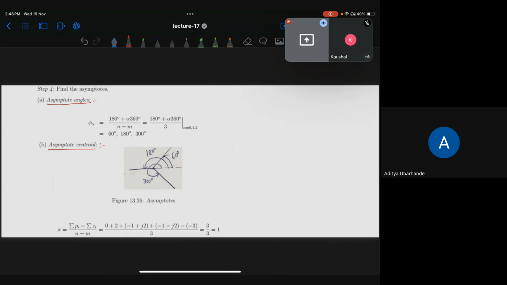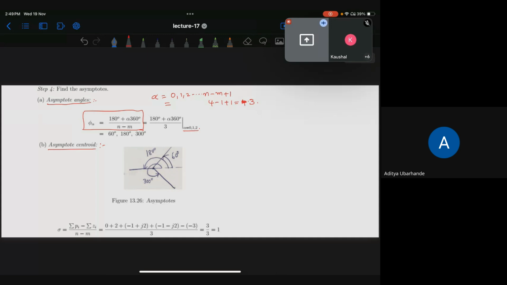The asymptote angle is given by this formula: 180 plus alpha times 360 divided by n minus m, where alpha varies from 0, 1, 2, up to n minus m minus 1. Here n minus m is 4 minus 1, which is 3.